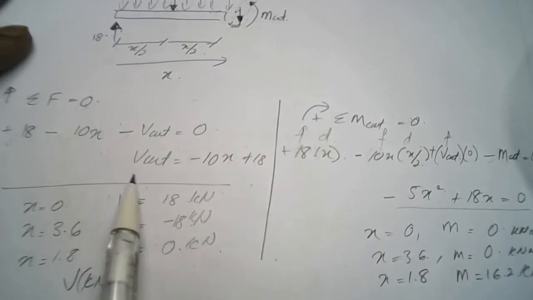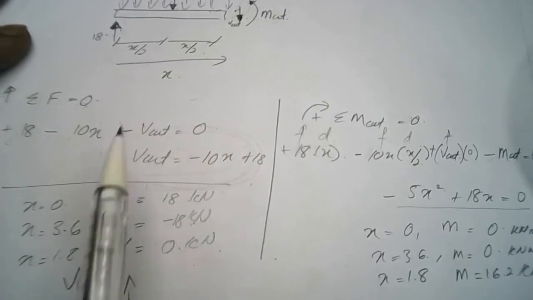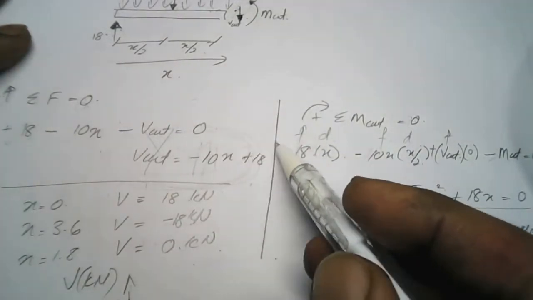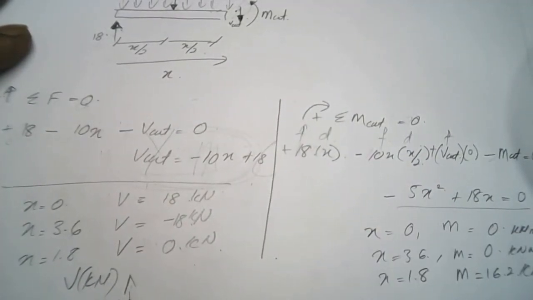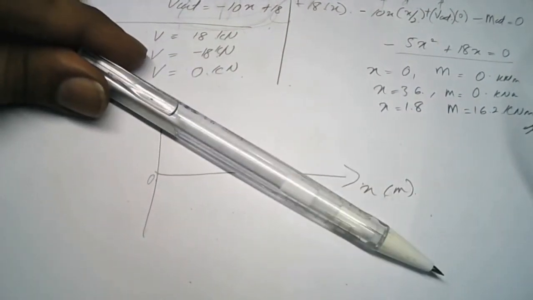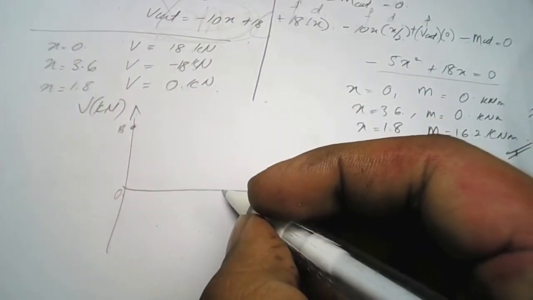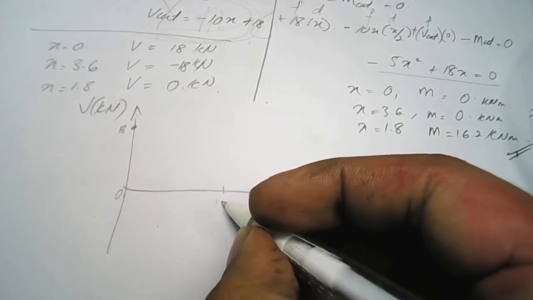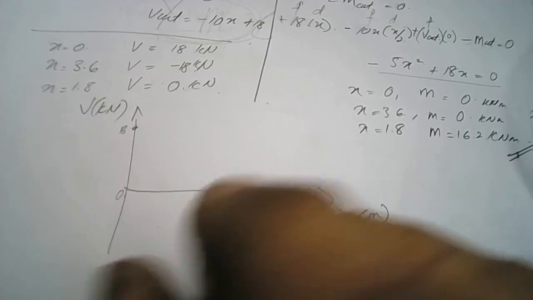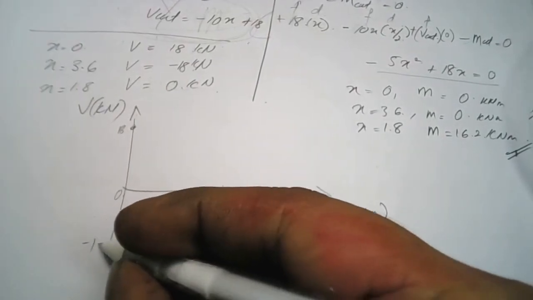You have to remember the general equation for a linear equation, y equal to mx plus c. If the m value is negative, the slope is downward. You can see here, this one is x equal to 1.8, and this one is x equal to 3.6. At 3.6, the value of V is negative 18.